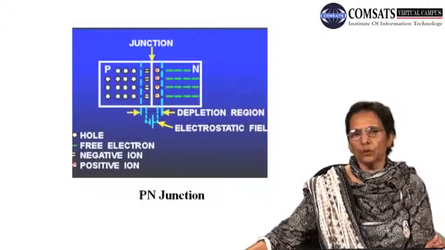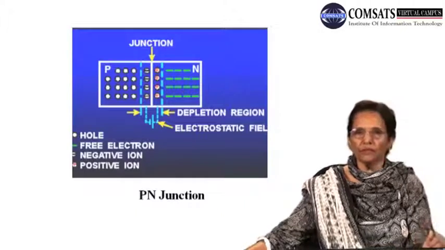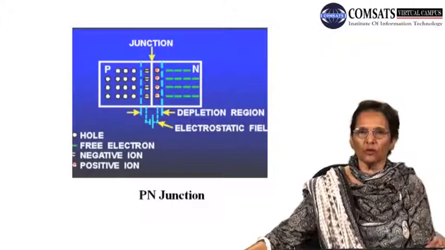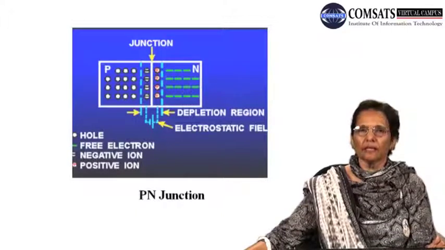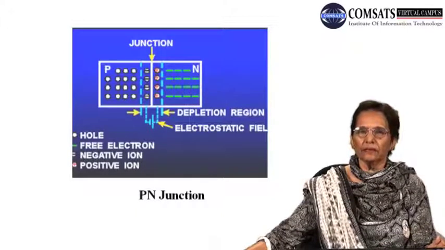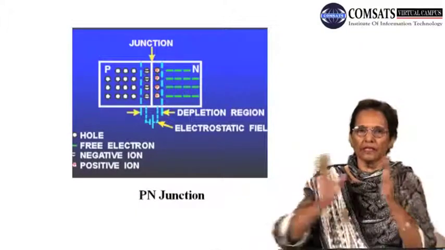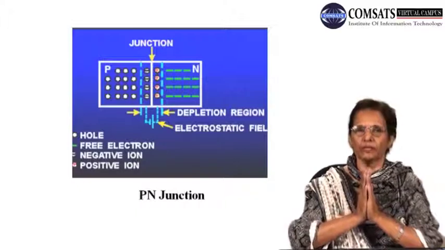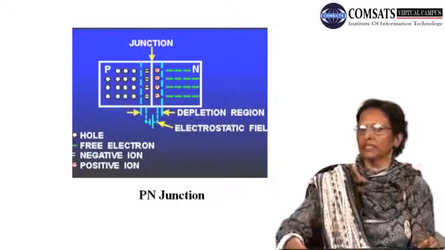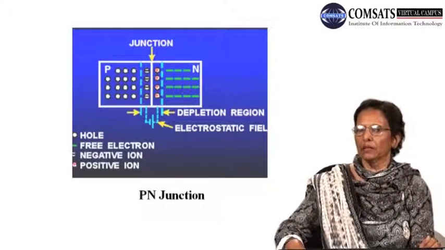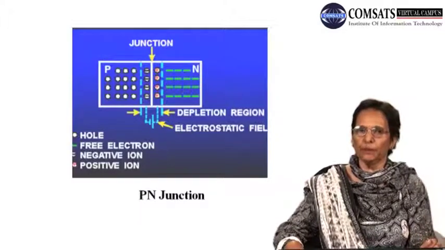Here again, to give you a flavor of what we talked about in lecture number 4, we are studying the physical properties of a PN junction, the so-called interface between two semiconductor materials. On the right side you have the N material, and on the left side you have the P material.